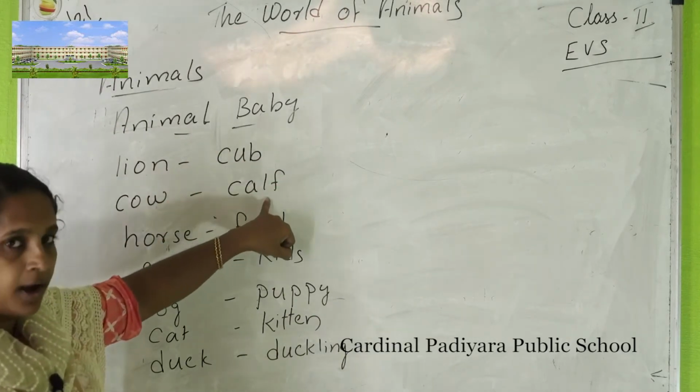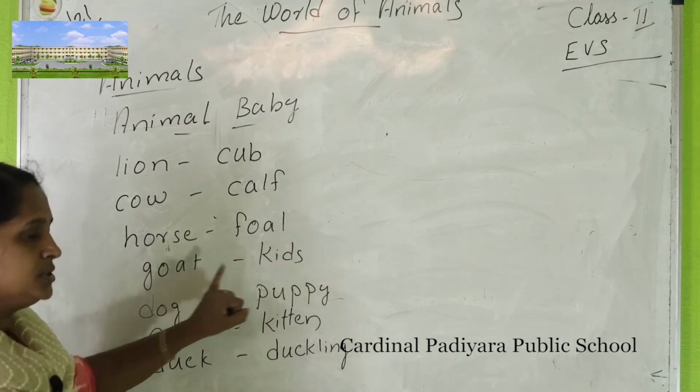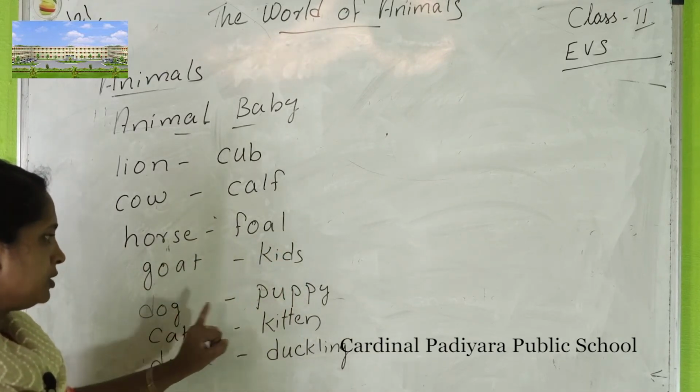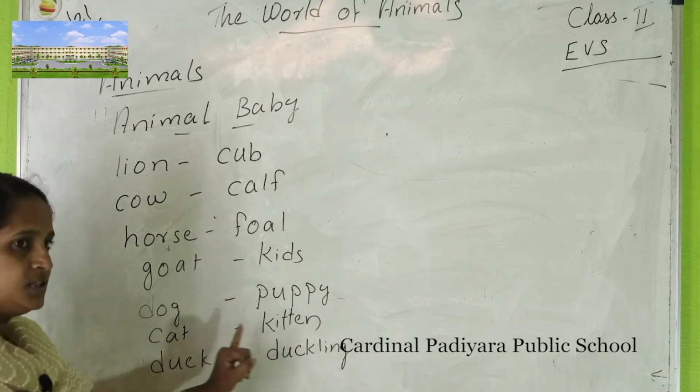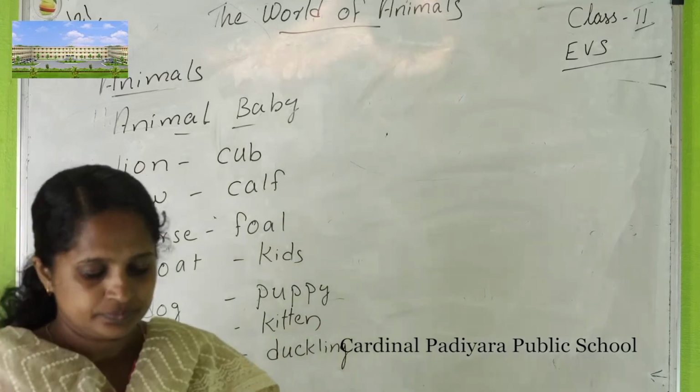Cow, calf. Horse, foal. Goat, kid. Then the young one of a dog is a puppy. The young one of a cat is a kitten. Last one, the young one of a duck is a duckling.